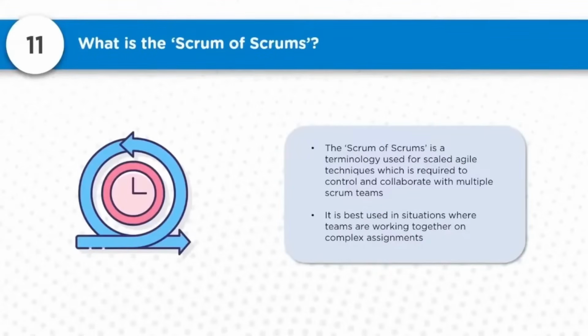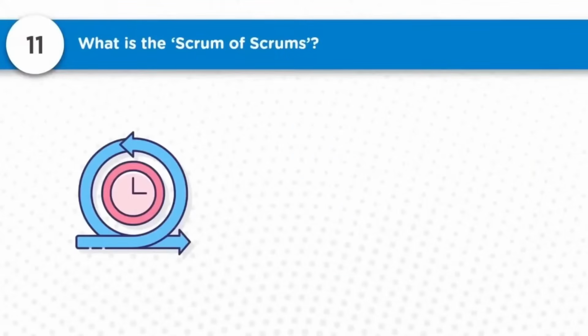It is best used in situations where teams are working together on complex assignments. Just visualize the system: various different deliverables, which are not simple deliverables that a single Scrum team can do, and the dynamics are too complex. For bigger projects, Scrum of Scrums approaches can be taken, scaling the agile methodologies to that level.